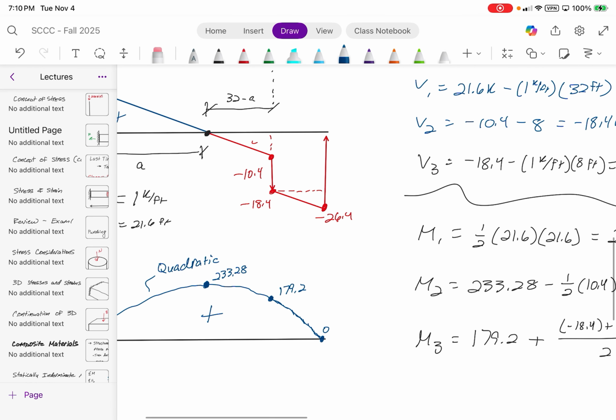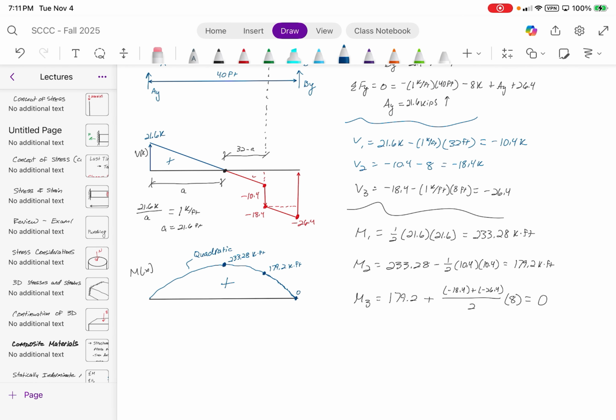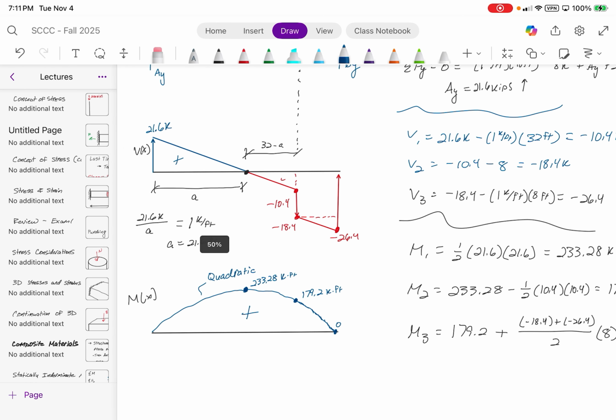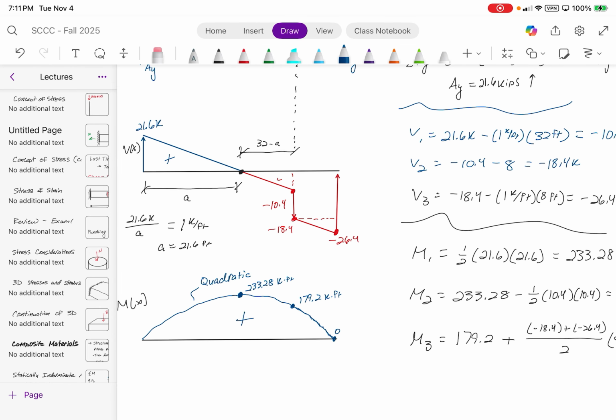What would be your design bending moment? If you were to design a beam, we are going to be covering this after the break, but I just want to ask you guys, what's the maximum bending moment in this beam? Moment 1, which is 233.28, right?